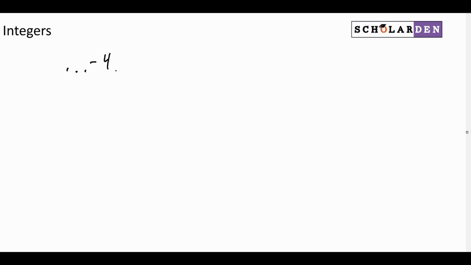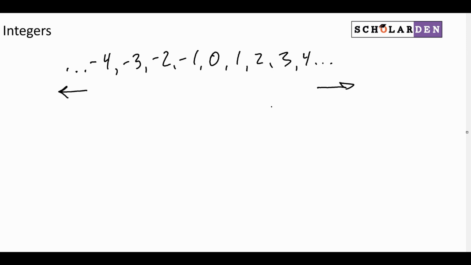I'll just randomly start at -4, -3, -2, -1, 0, 1, 2, 3, 4, etc. Integers do not include the numbers in between, like 1.6 or 3.5 or decimals and fractions. Okay, so that's integers, the definition.